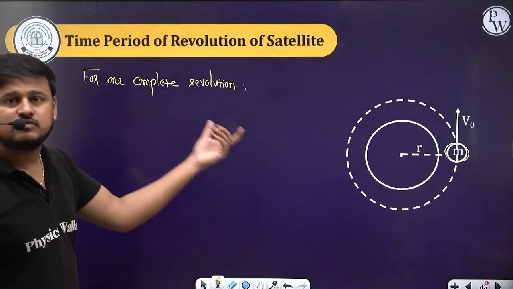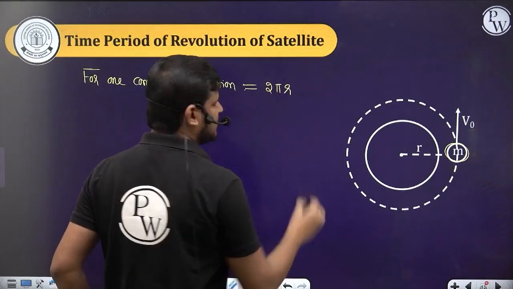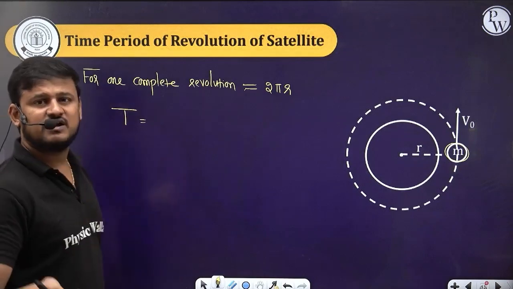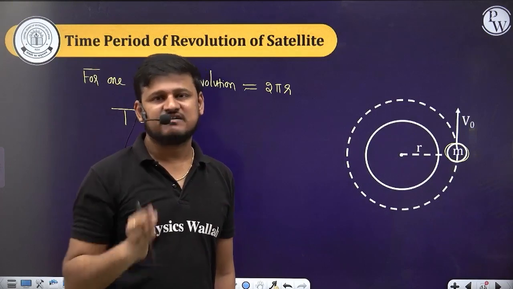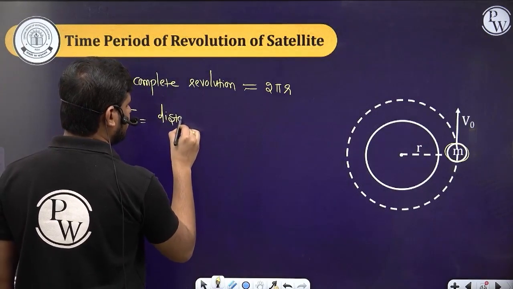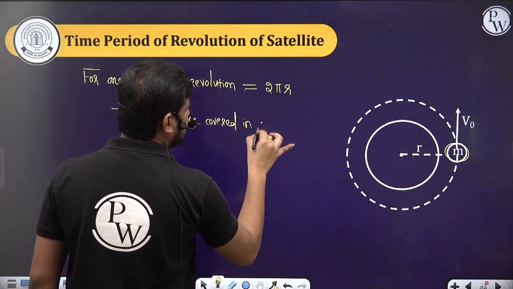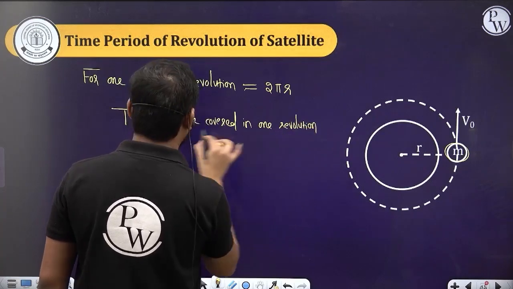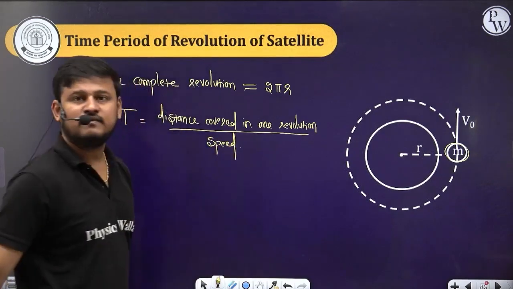This satellite covers a distance of 2 pi r. So what is the time period formula? It is the distance covered in one complete revolution divided by the speed with which it is revolving around the planet.